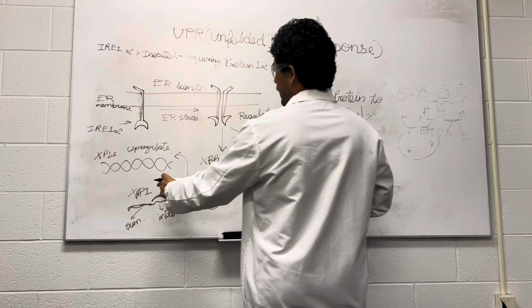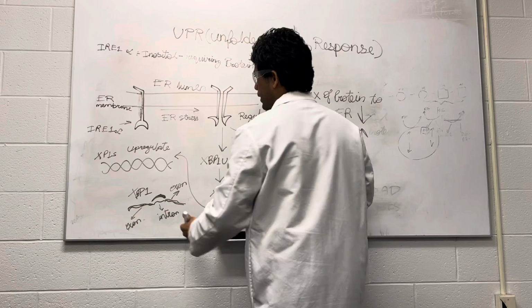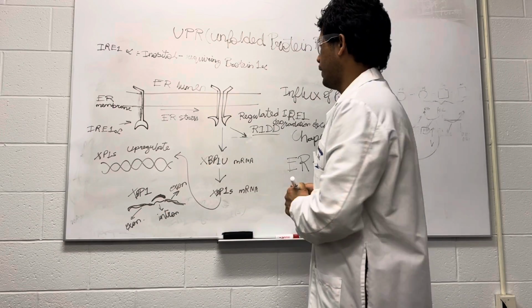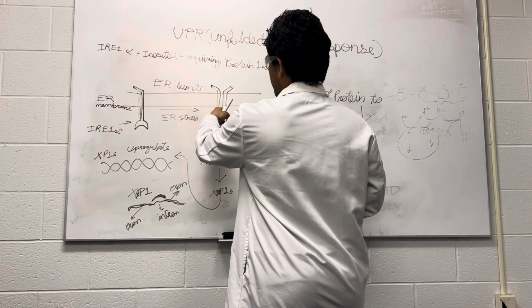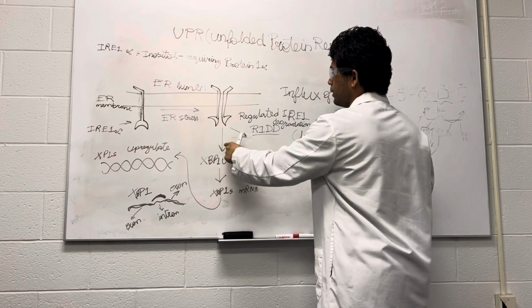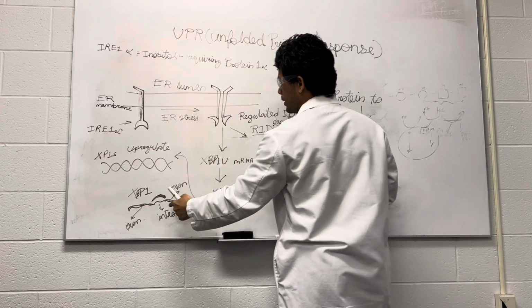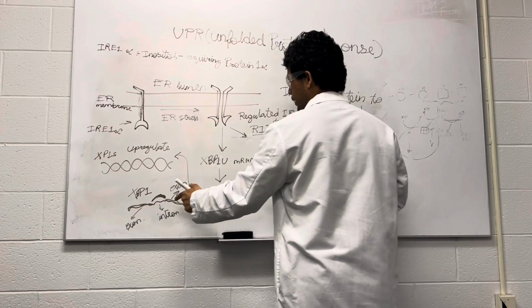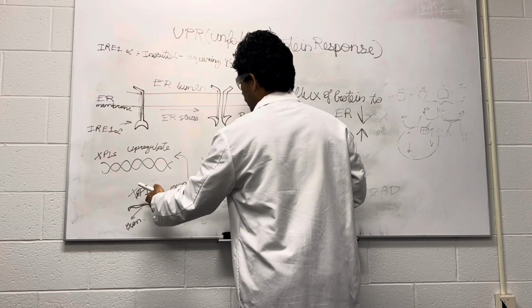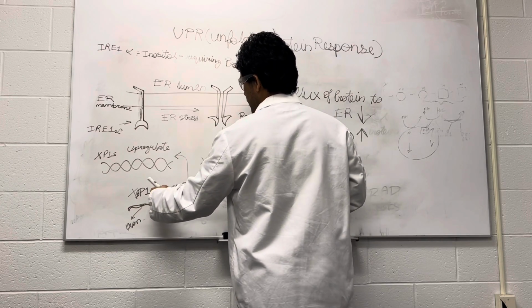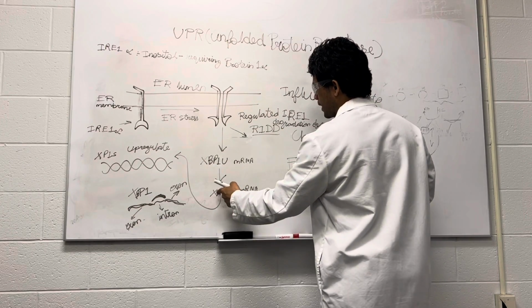However, in the case of XBP1, generally this intron does not get removed. When the stress is exerted and this dimerization occurs, it helps in removal of this intron, and this spliced XBP1 is called XBP1s.